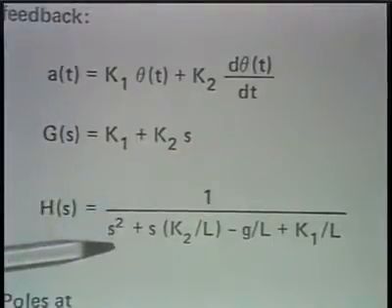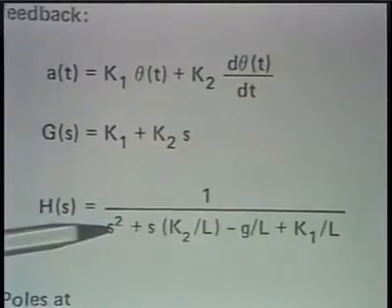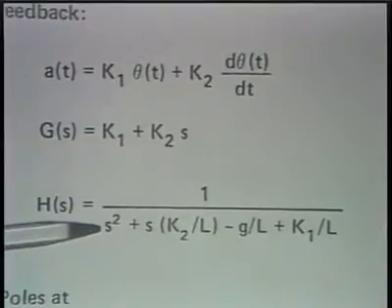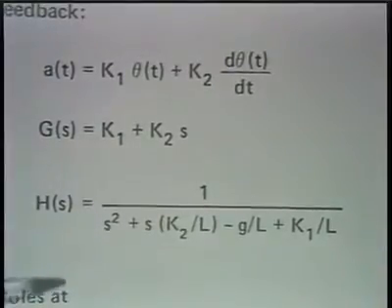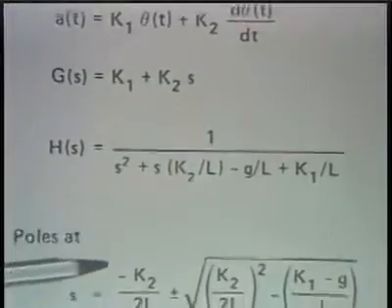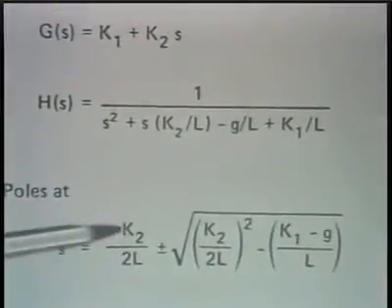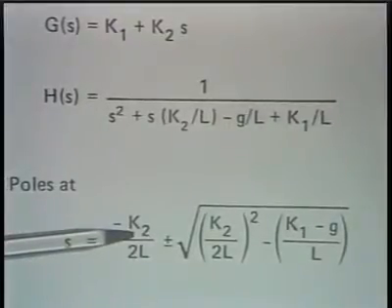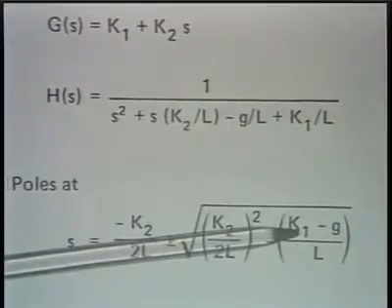And so the roots of this equation represent the poles of the closed loop system. And those poles involve two parameters. They involve the parameter k2, which is proportional to the derivative of the angle, and the constant k1, which is proportional to the angle.